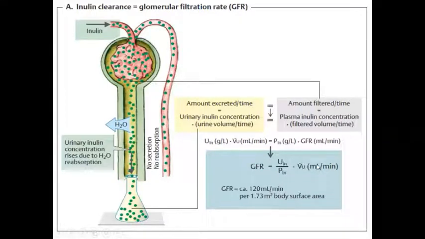So in a clinical scenario question, if I give you the concentration of inulin in plasma, then the concentration of inulin in the urine, and the amount of urine collected over the period of 24 hours, you should be able to calculate the glomerular filtration rate.